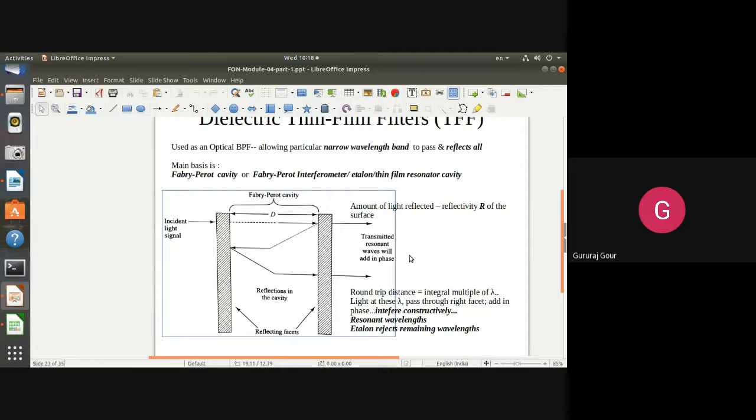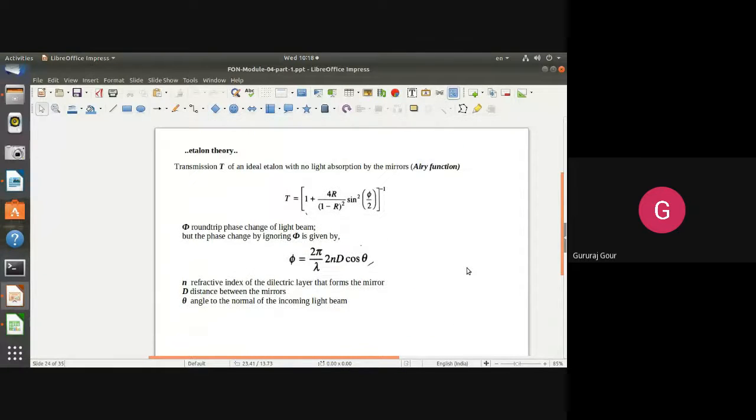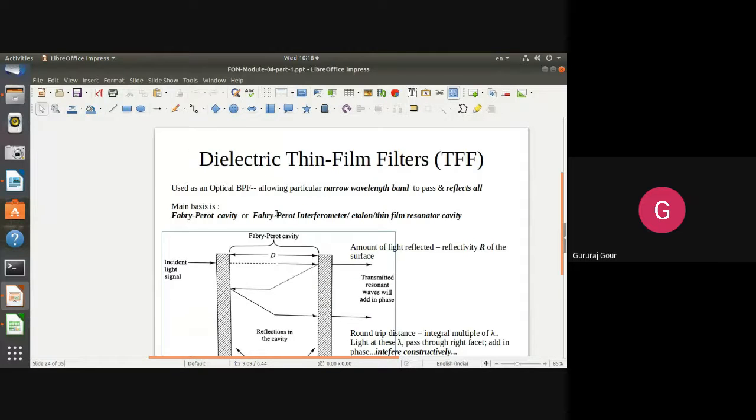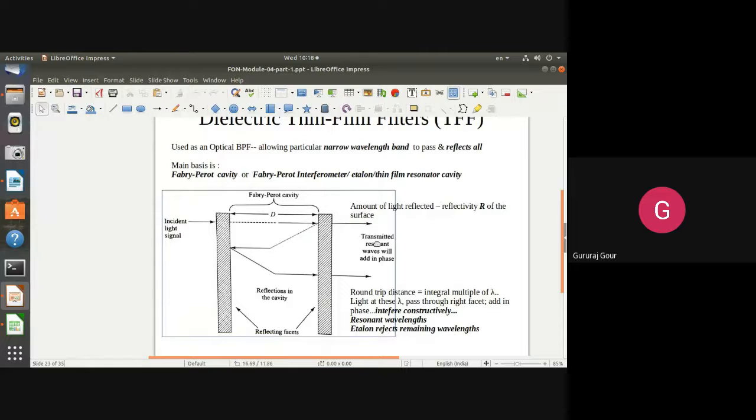Then we can switch to the Fabry-Perot cavity and how it will be used as an interferometer. And then later we can add a few things about the etalon theory that we are going to discuss now. So etalon theory is important because it is going to decide how the things will be added, a theory working beyond this constructive and destructive interference phenomena.